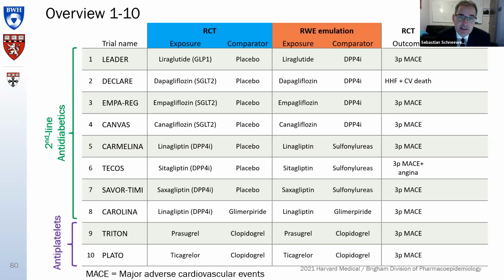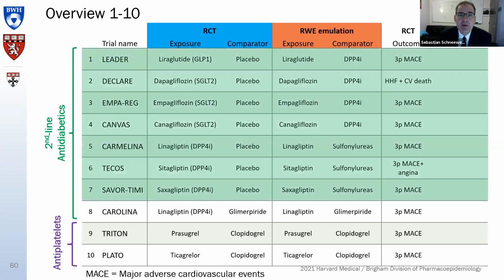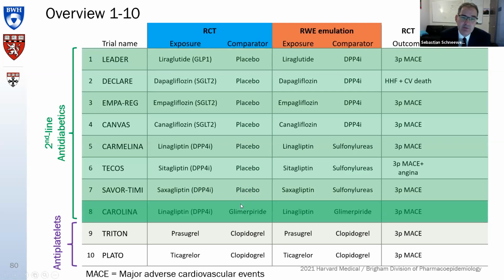The first 10 randomized trials, 8 of them were second-line antidiabetic medications: GLP-1 receptor agonists, SGLT2 inhibitors and DPP4 inhibitors. The 8th study, the Carolina trial, was actually a prediction of the findings of the trial, while the other 7 were replications.